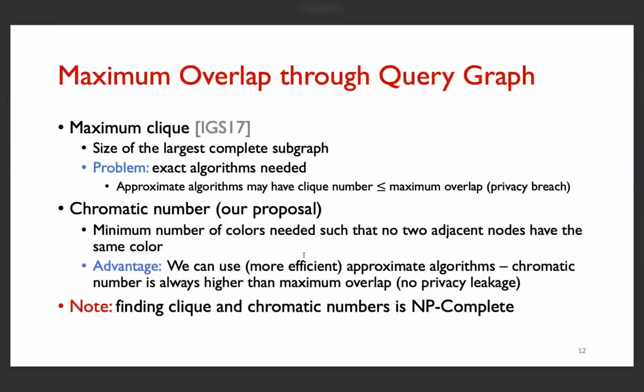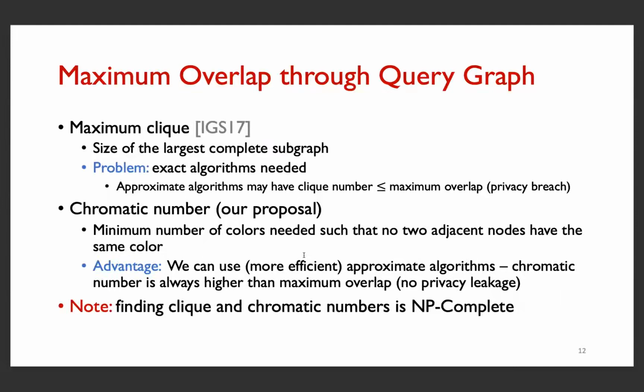So which problems could then be related to maximum overlap? One of them is maximum clique, which is defined as the size of the largest complete subgraph. The problem is, in this case, we need to use an exact algorithm because any approximate algorithm may underestimate the clique number, which could in turn be less than the maximum overlap, which could be a privacy breach.